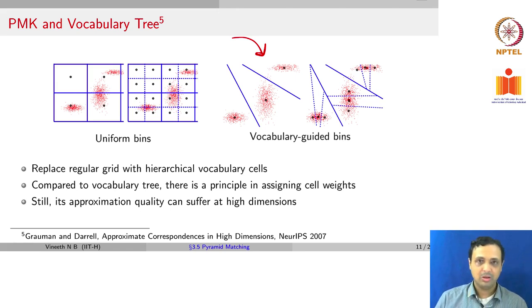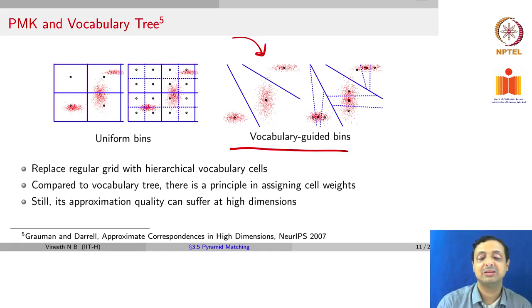They could have just divided your entire R^d into several bins and counted how many features occurred in each of those grids. But you could also consider clustering your key points into a vocabulary and then building your bins based on those cluster centers. This would simply be an extension of the method that we have so far, where we would replace the regular grid with, say, hierarchical or non-hierarchical vocabulary cells.